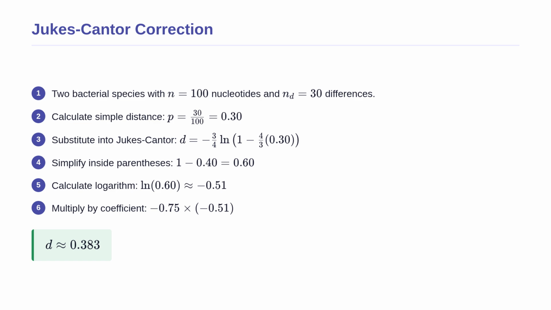We multiply 0.30 by 4/3, giving 0.40, and subtract that from 1, leaving 0.60 inside the parentheses. Taking the natural logarithm of 0.60 yields approximately negative 0.51. Multiplying this by negative 0.75 gives a final corrected distance of 0.383. This physically tells us the true evolutionary distance is 38.3%, revealing that about 8.3% of mutations were hidden.